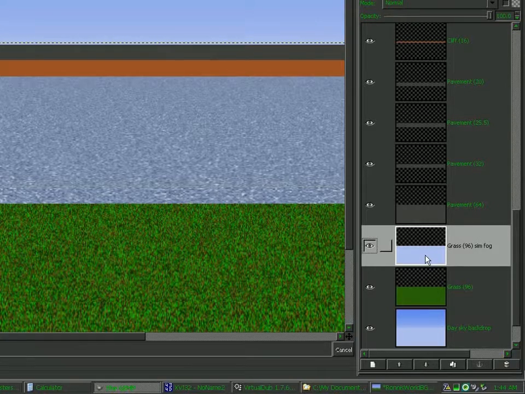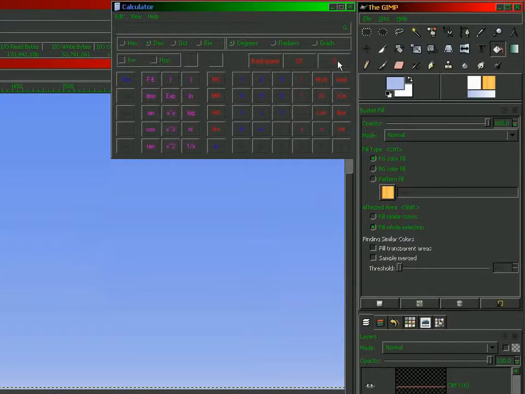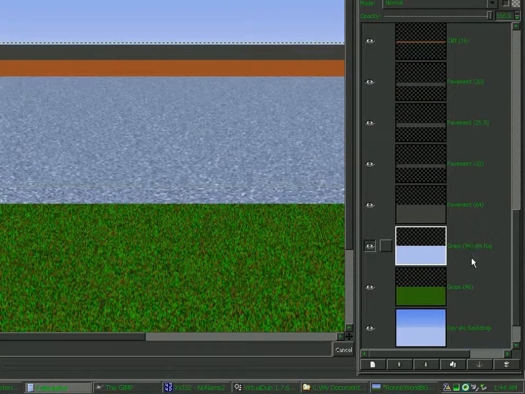But, what is the opacity? It certainly ain't 100, I can tell you that for sure. Well, that's actually pretty easy. And yes, I know the formula for fog. Basically, this is 96. I'm stepping by 64 because I want to see what the contrast is between that.